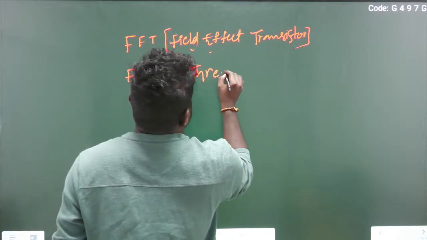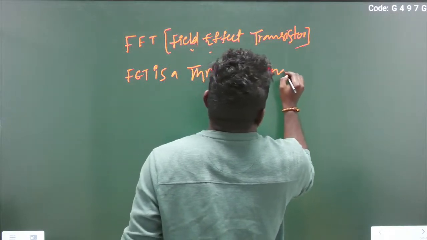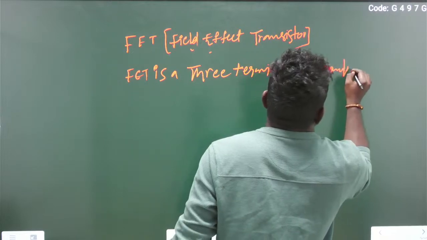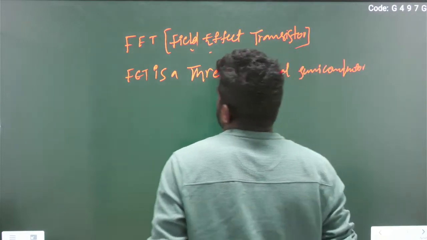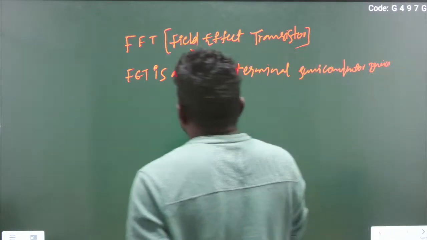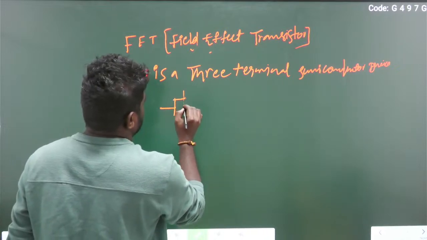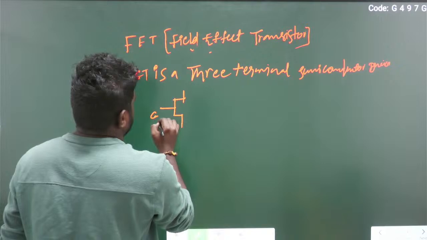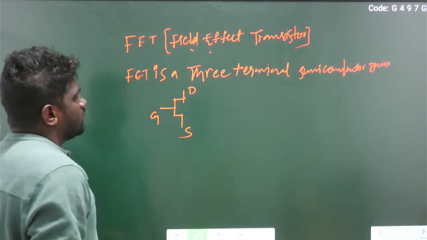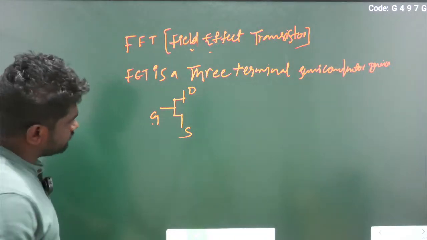FET is a three-terminal semiconductor device. The three terminals are called gate, drain and source.